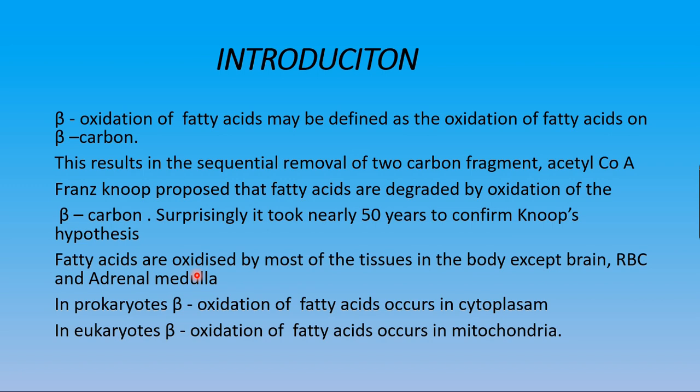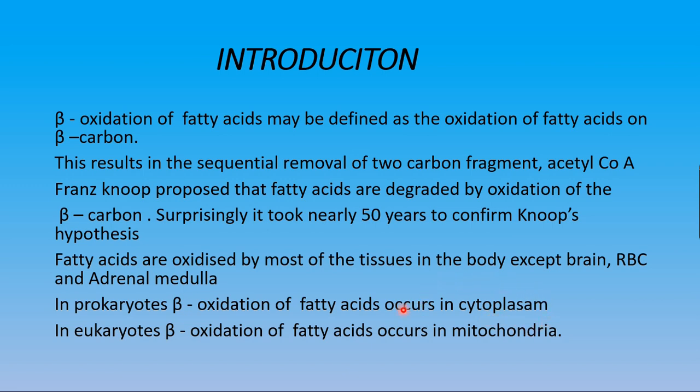Fatty acid oxidation in prokaryotes occurs in the cytoplasm, and in eukaryotes it occurs in the mitochondria. Why they occur in those places only: the enzymes that are essential for beta oxidation of fatty acids are present in those parts.